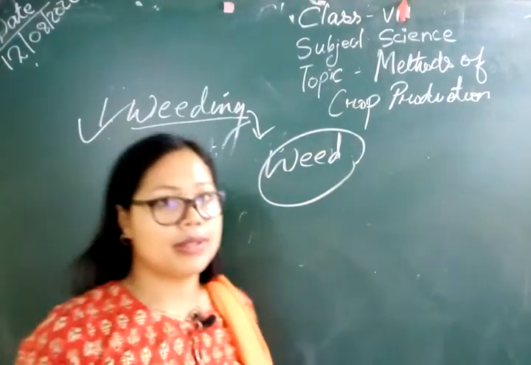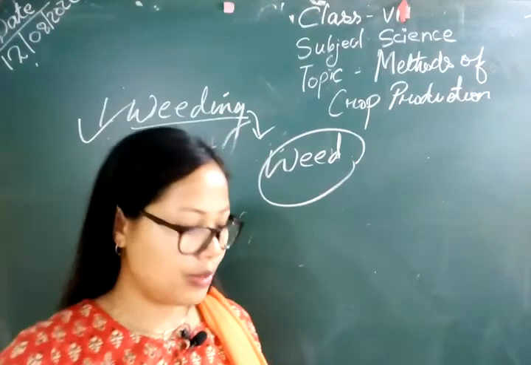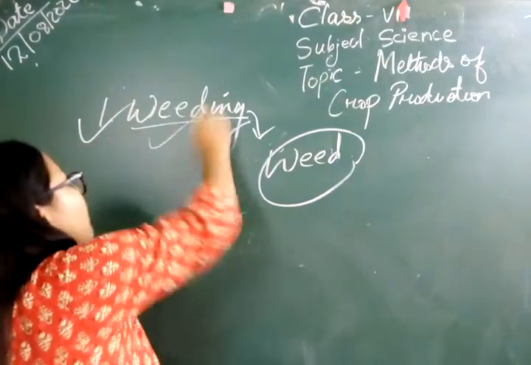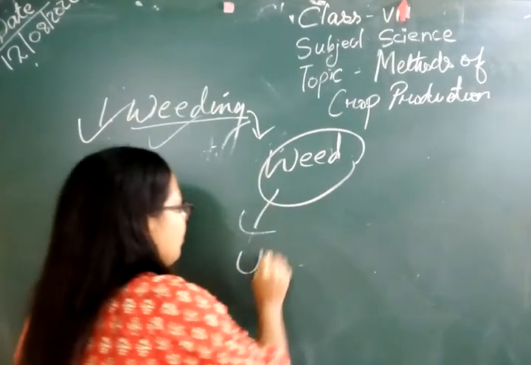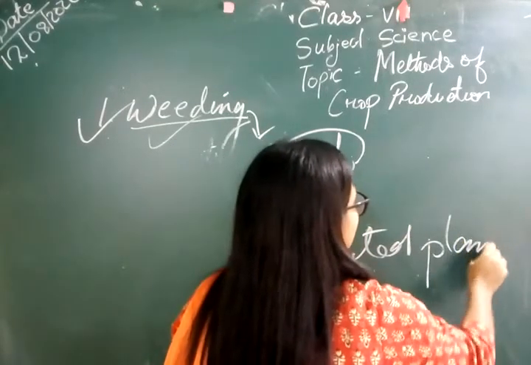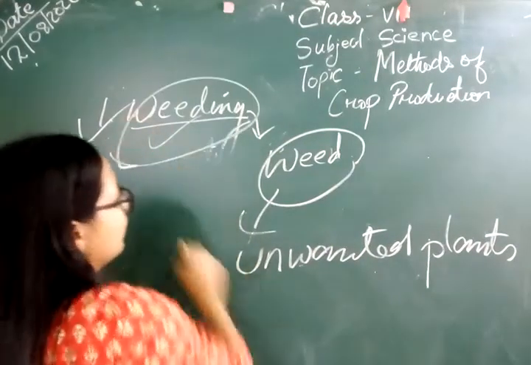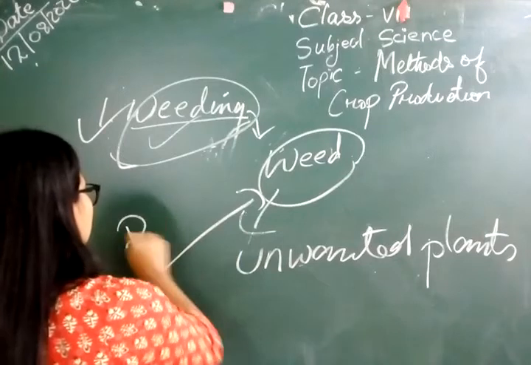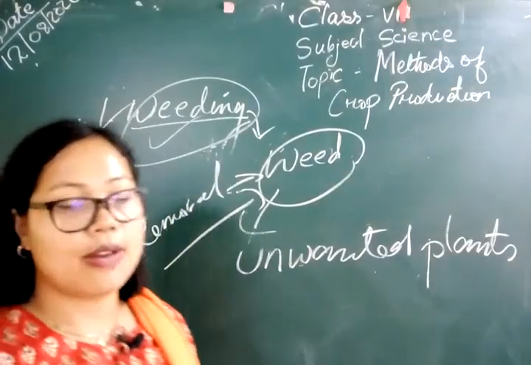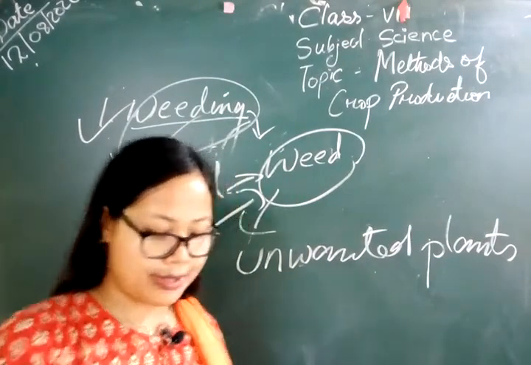So what is a weed? Weeds are the unwanted plants grown along with the crops. Weeding is the removal of weeds.